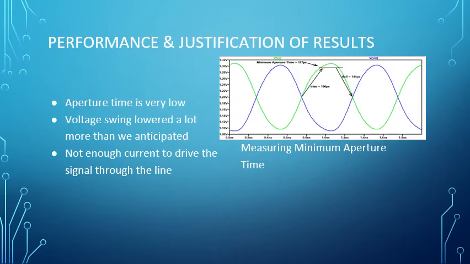Even though we get that smooth input coming into the receiver, we get a minimum aperture time that's far below what we were hoping for, and this is most definitely going to affect our output.